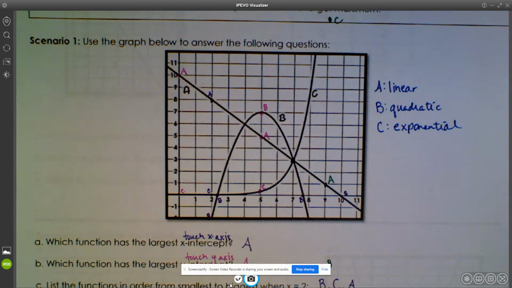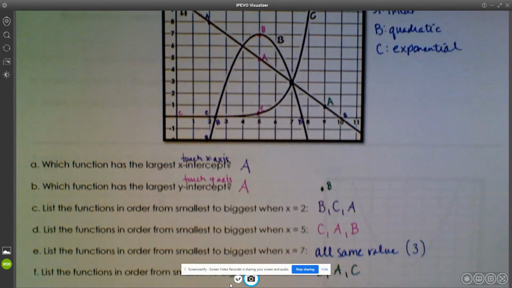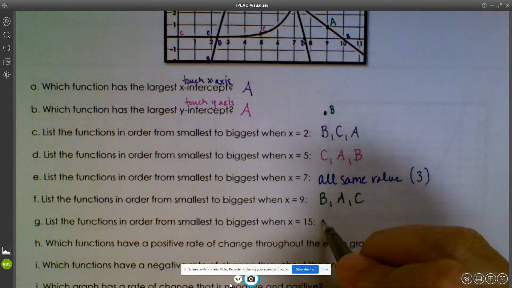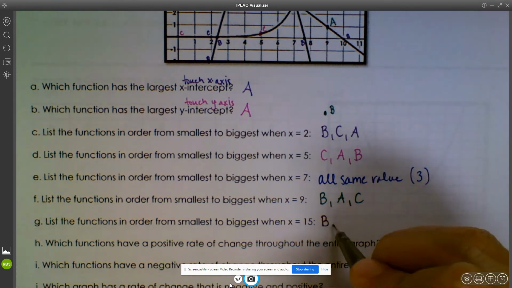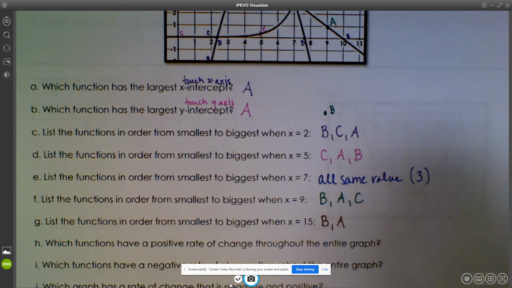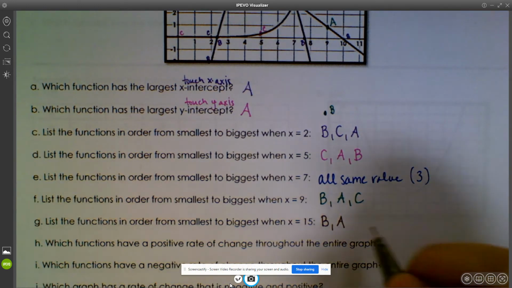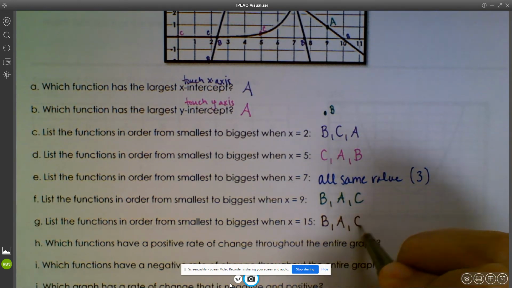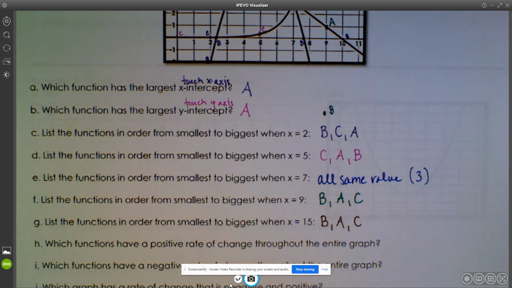So it looks like as x gets larger, the upside down quadratic gives us the smallest value. Then the negative linear function gives us the next value. But our greatest value comes from the exponential function, function C.